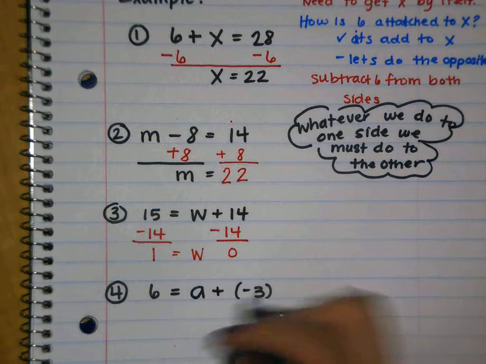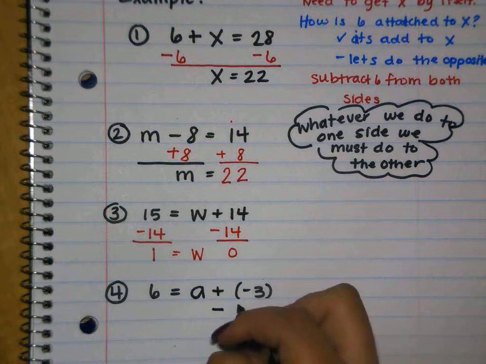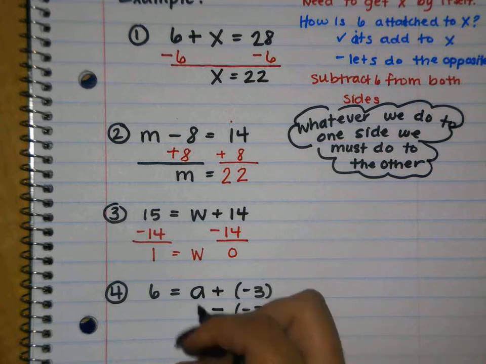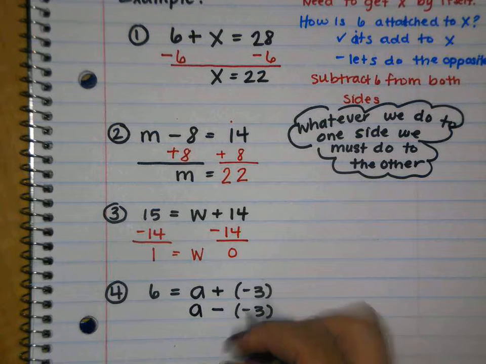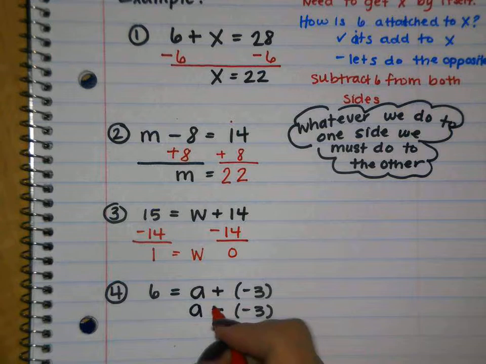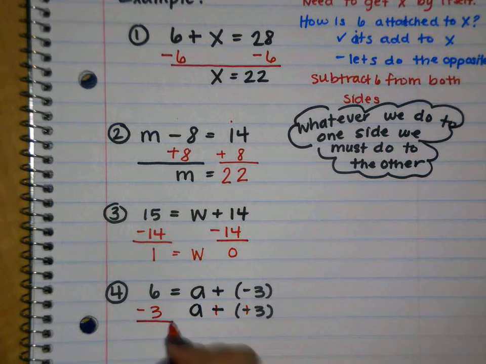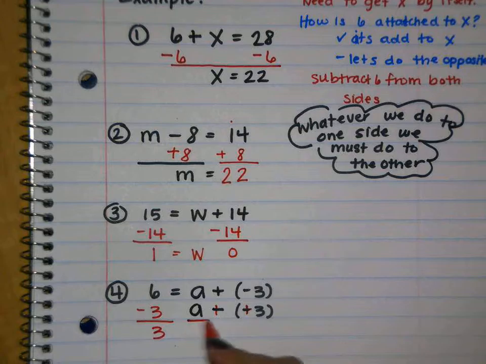So we're going to subtract a negative 3. There are 2 negatives, so we know that this one becomes a positive. I'll subtract a negative 3 from here, and this becomes 3. So if this is a positive 3 and a negative 3, they cancel each other out, leaving us with A equal to 3 here.